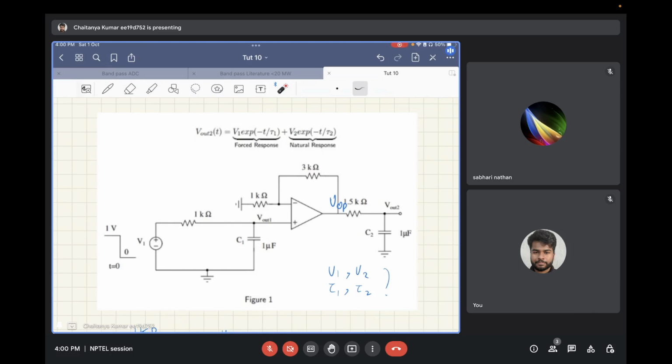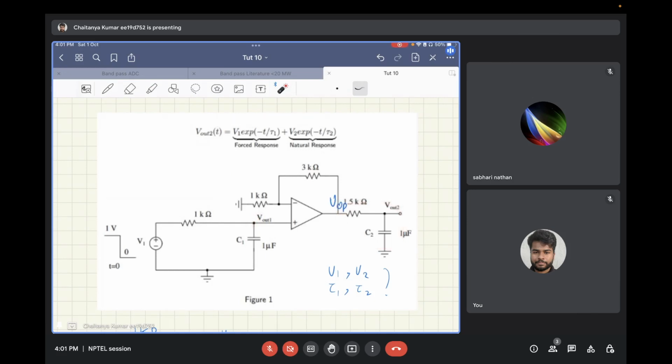So the first question is: you have been given a circuit with a negative feedback op amp, and this op amp is connected in non-inverting amplifier configuration. You have a low pass filter at the input of this amplifier, and a low pass filter at the output of this amplifier.